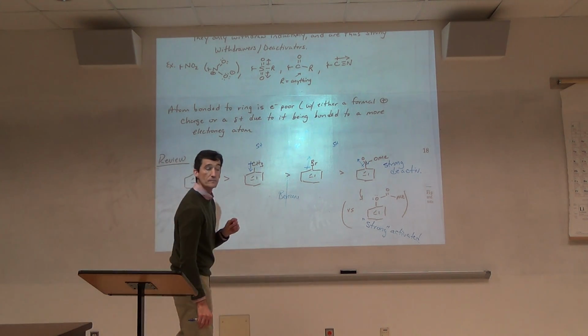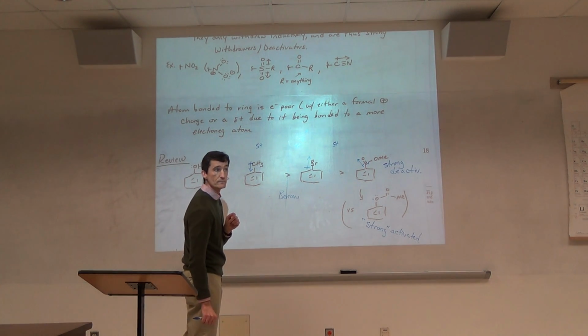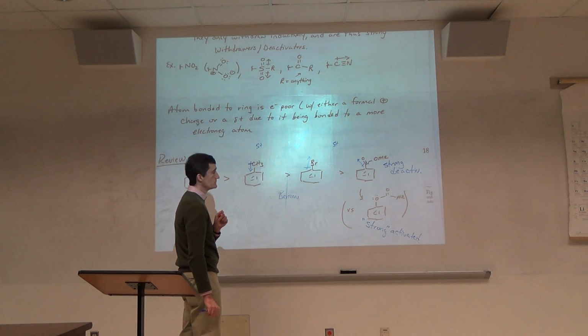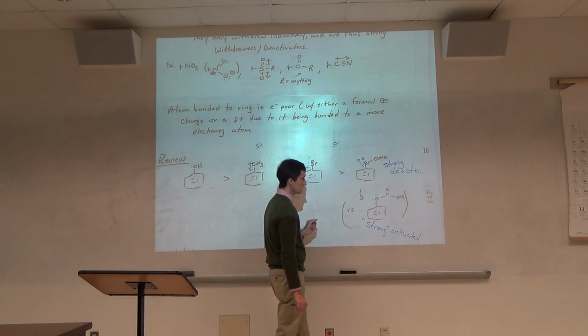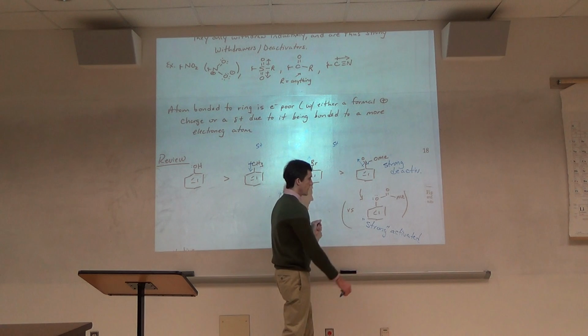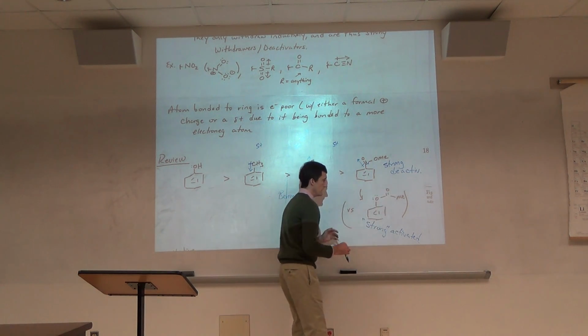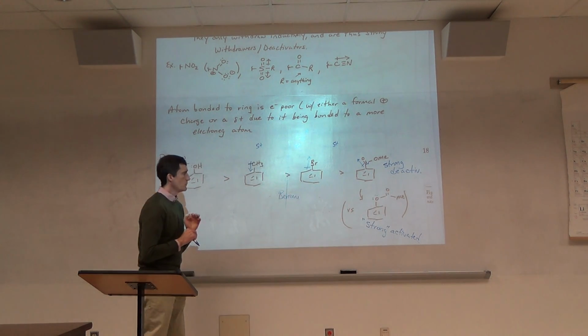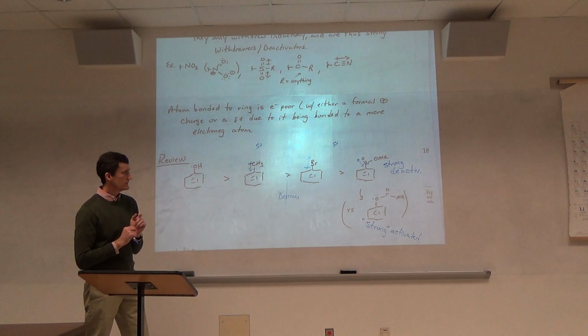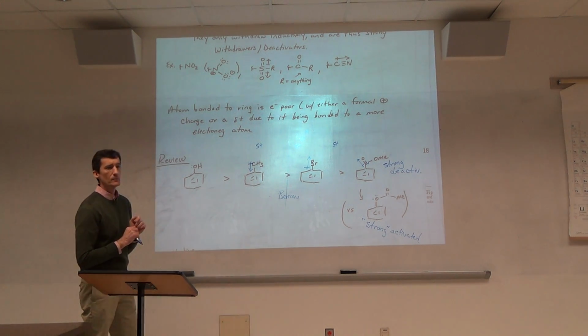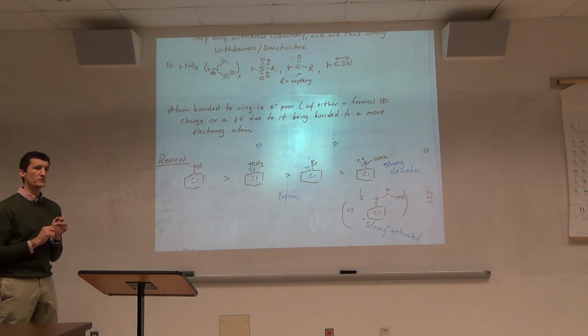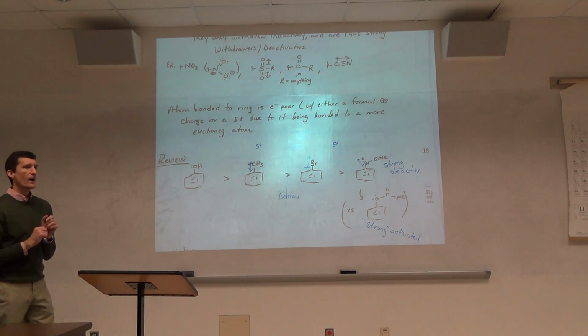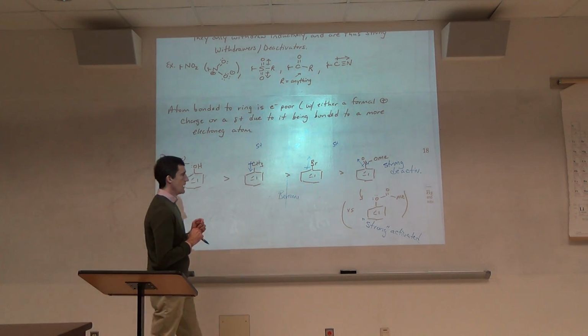Why, Chelsea? The pi system, there are p orbitals that interact throughout. That may increase the stability. More stable compounds tend to be less reactive. The more stable the compound, the more it just wants to sit on the sofa and not do anything.